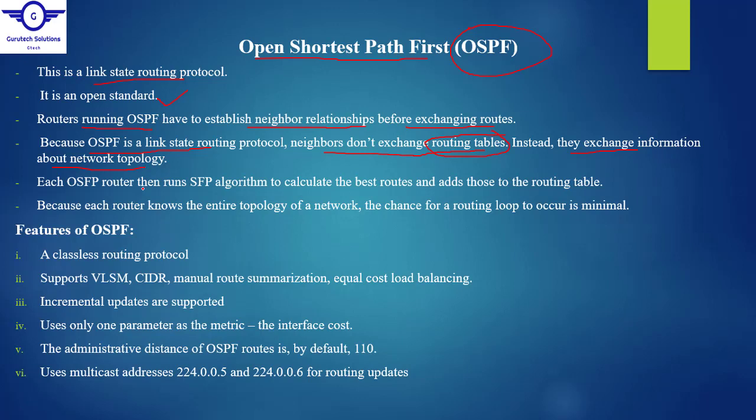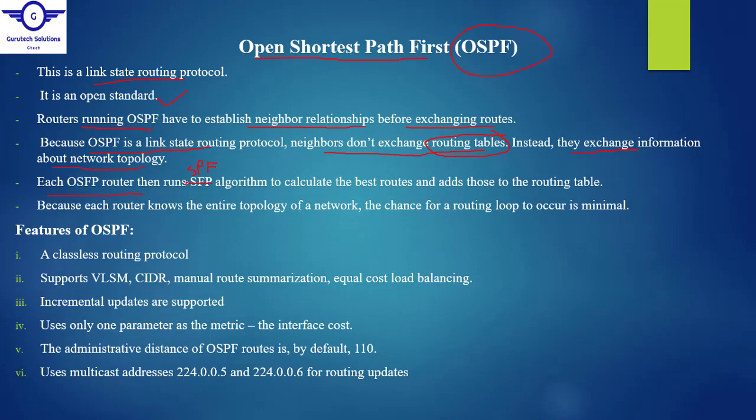Each OSPF router runs an algorithm called shortest path first. It's supposed to be SPF, not SFP.